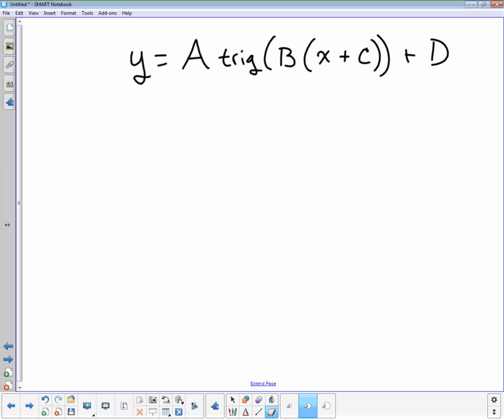and in fact, I'm just going to deal with this in the negative case. Your particular trig function, whatever you're being asked to graph, will fit into this scheme. It doesn't always have to have all of the parts in it.